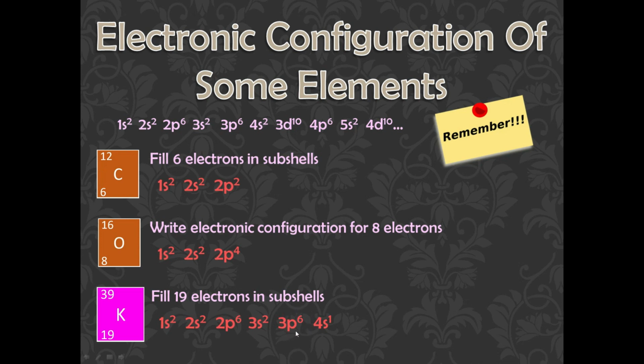We have to fill 1 more electron. Next will be 4s. So we have written 4s over here. But in case of potassium, only 1 electron is left, so it will be filled in this 4s. It will become 4s1. So the electronic configuration of potassium will be written like this.